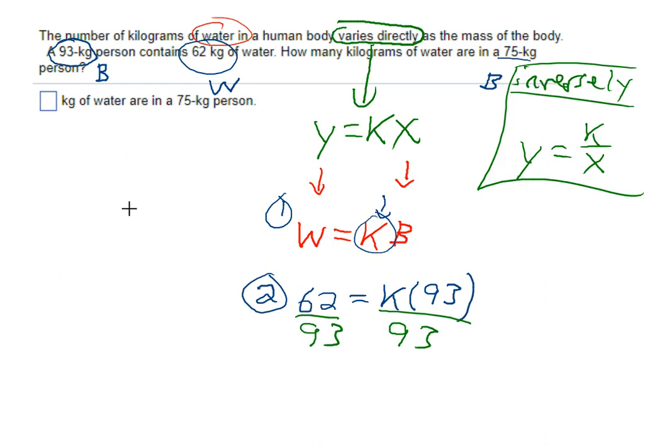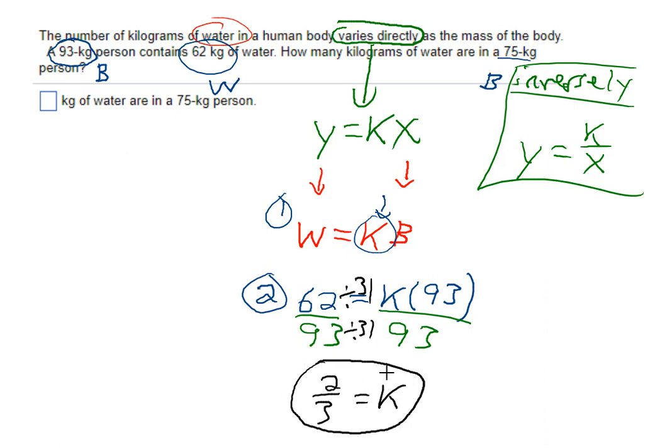And so that means this does reduce. So let's see if we can figure out how to get it down to 2/3. It must be 31, right? Because if I divide this by 31, that's how I get down to 2. So I'm going to divide this by 31 and divide this by 31, and this is going to reduce down to 2/3. So instead of leaving it as 62 over 93, let's reduce it down to 2/3. All right. And so K is equal to 2/3.